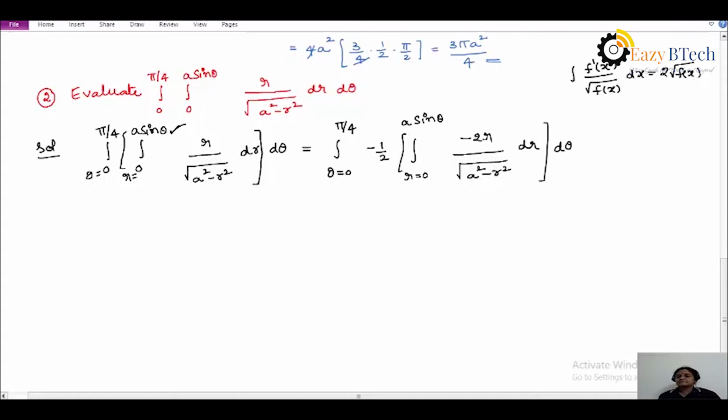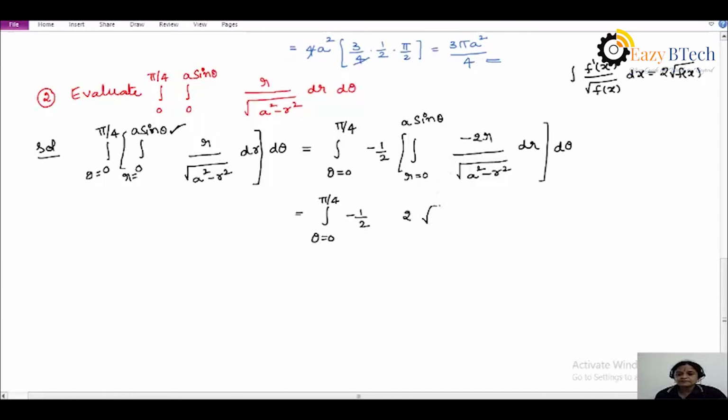The differentiation of a square is 0, and of r square is minus 2r. But the question has only r, so to apply this formula we need minus 2. That's why we are doing this multiplication with 2. Then integration theta is equal to 0 to pi by 4, minus 1 by 2. Now applying the formula 2 root f of x.